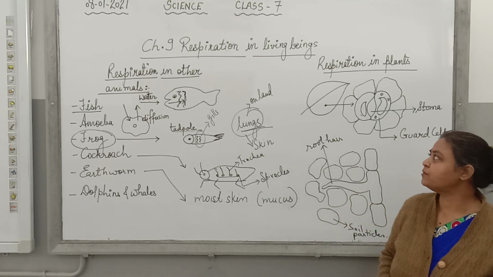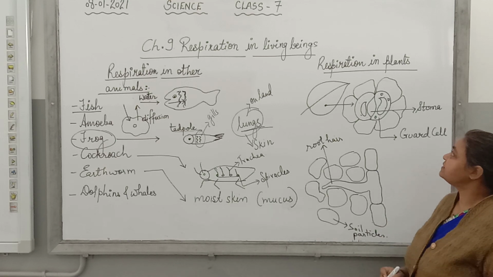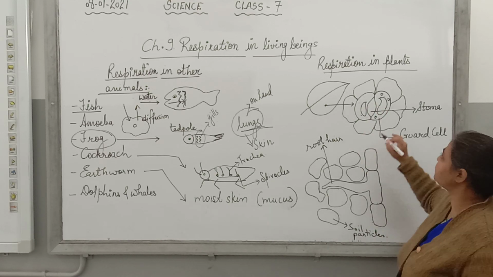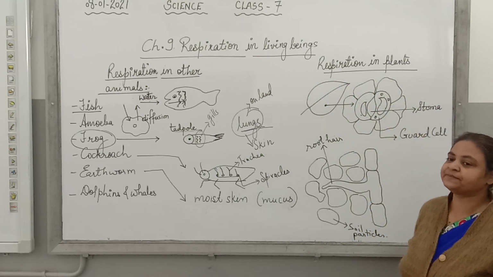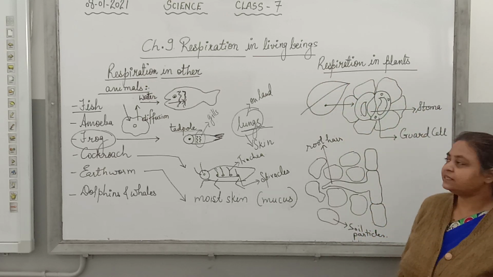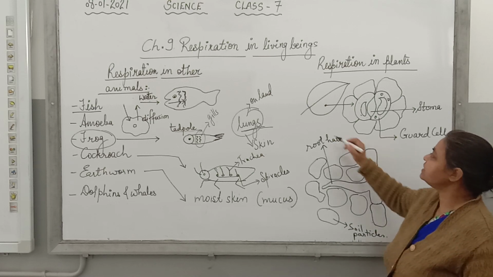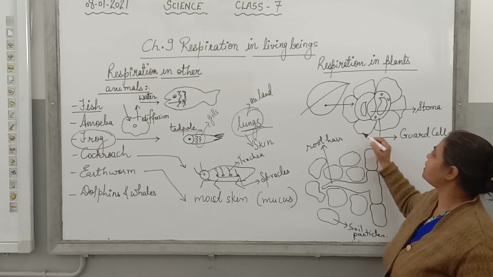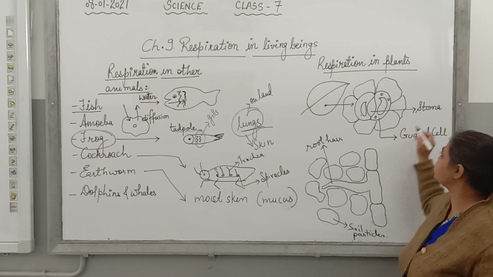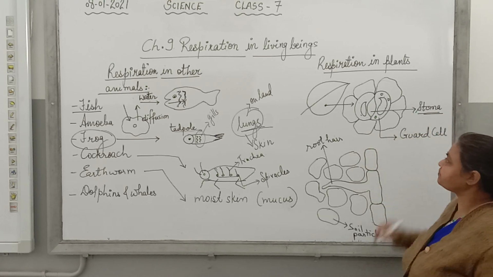Now, as we know, plants are also living beings. So, last topic of the chapter we will discuss, that is respiration in plants. Children, we have studied that on the leaves there are tiny holes, microscopic holes, which are called stomata, or singular is known as stoma.